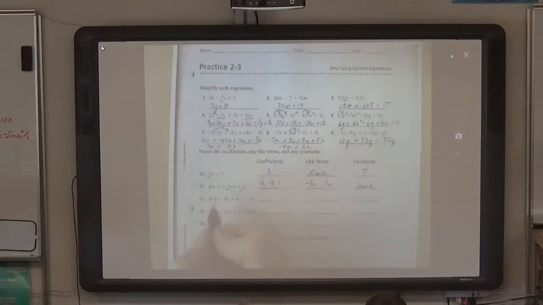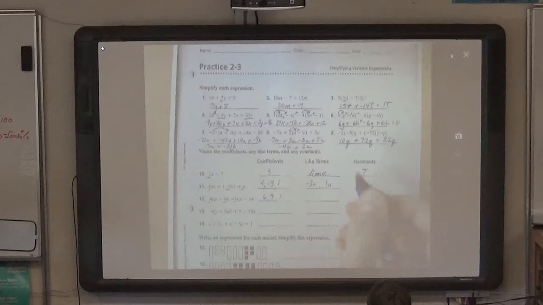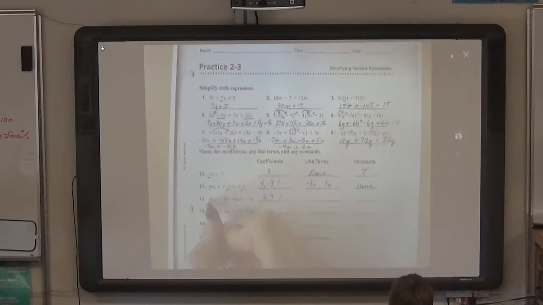All right, the coefficients. Six, 9, and 1. The like terms. Look at these. They're different than the 9k. This is 9kp.